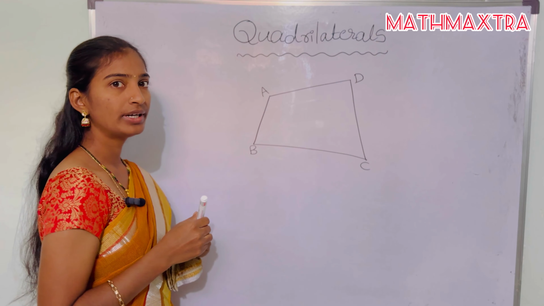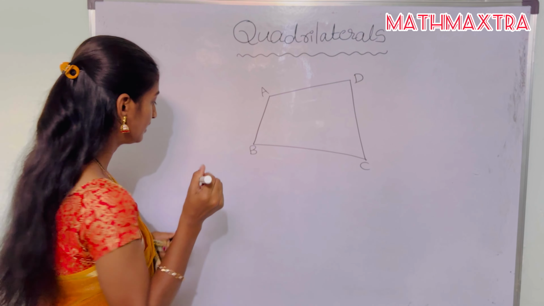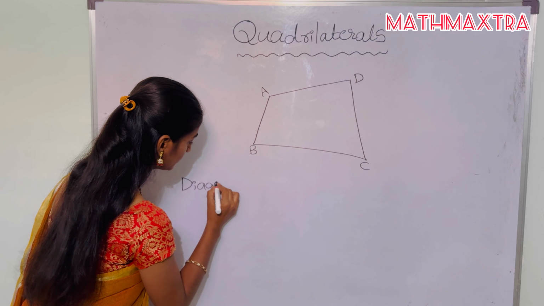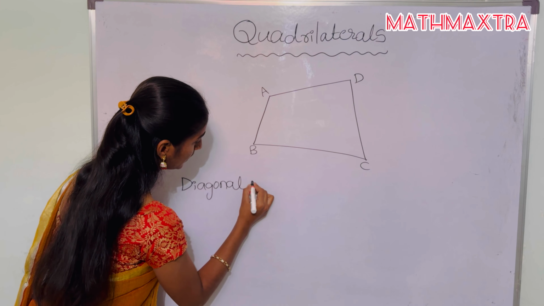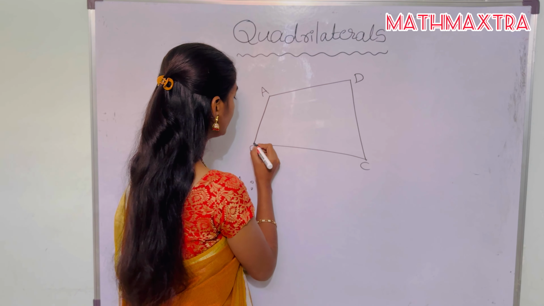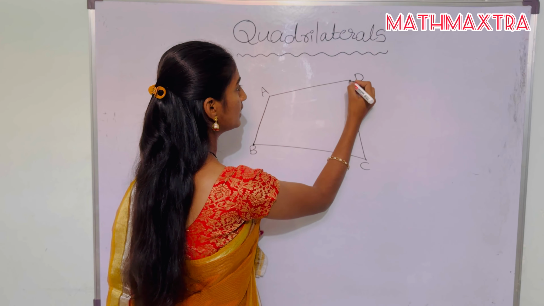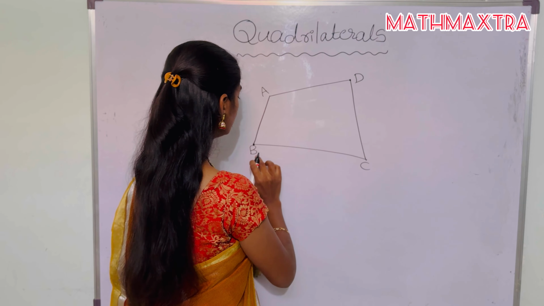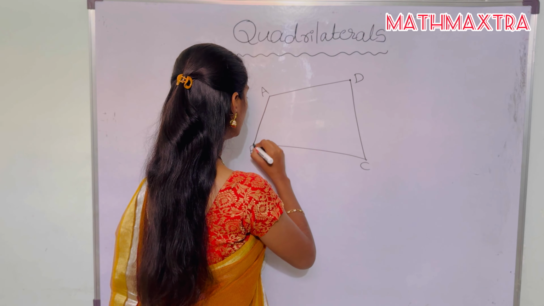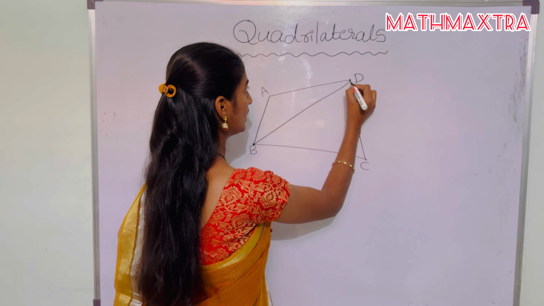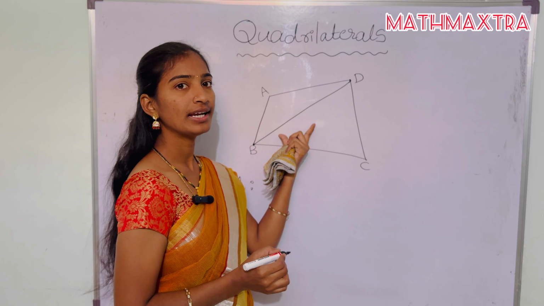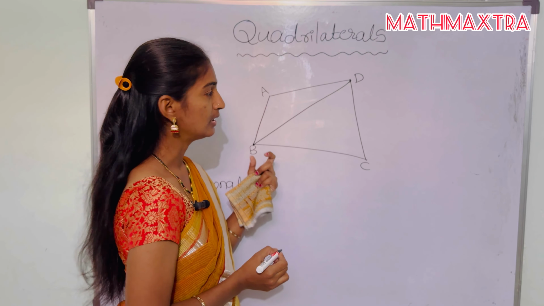Okay. And what is a diagonal of a quadrilateral? Which one do we call a diagonal of a quadrilateral? If you join two opposite vertices. As I said, B and D are opposite vertices, right? If you join the opposite vertices, then the line segment formed, we call a diagonal of a quadrilateral.